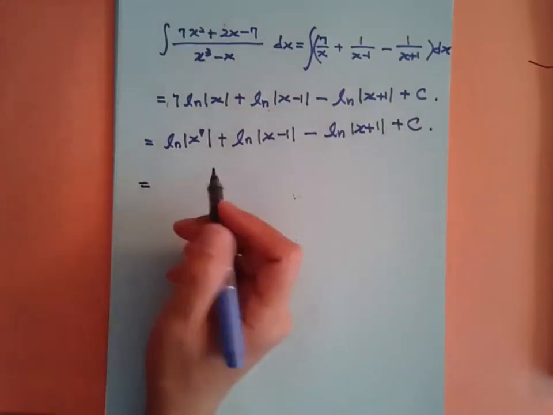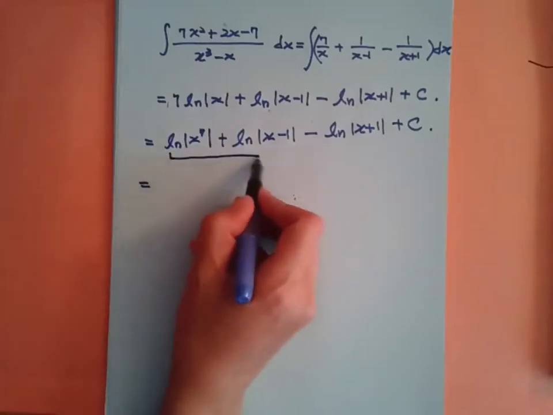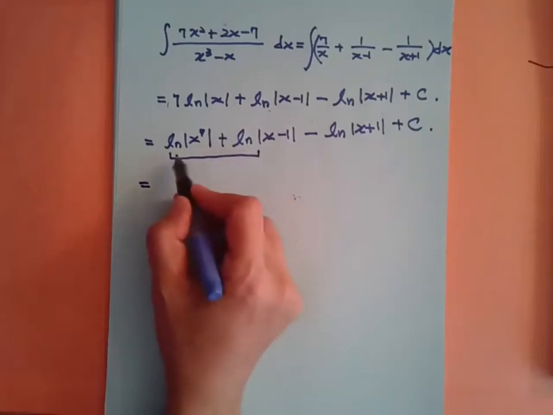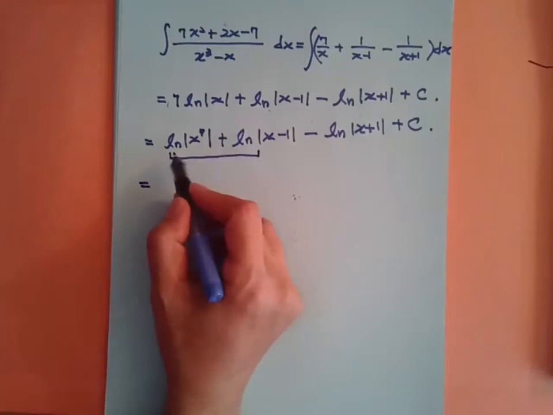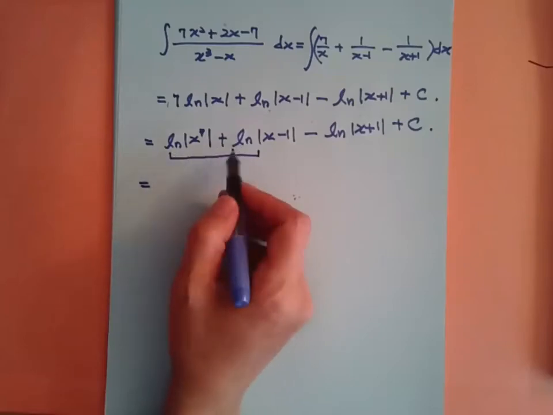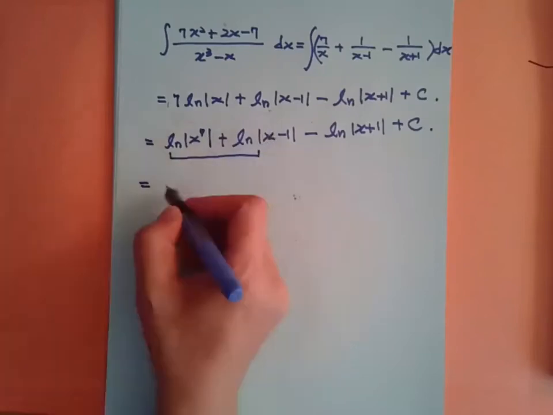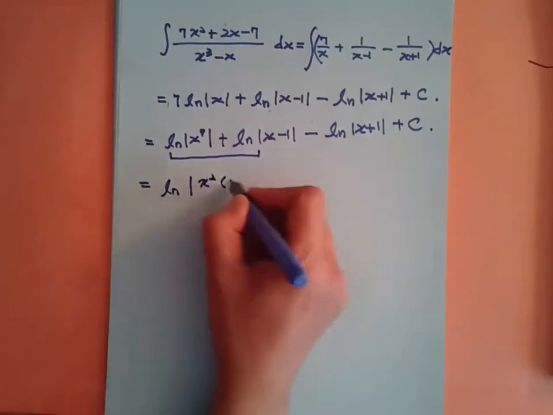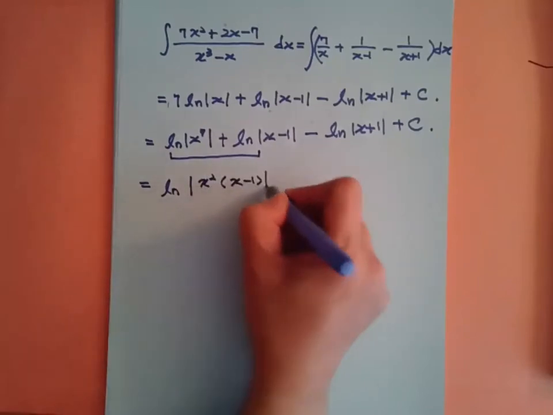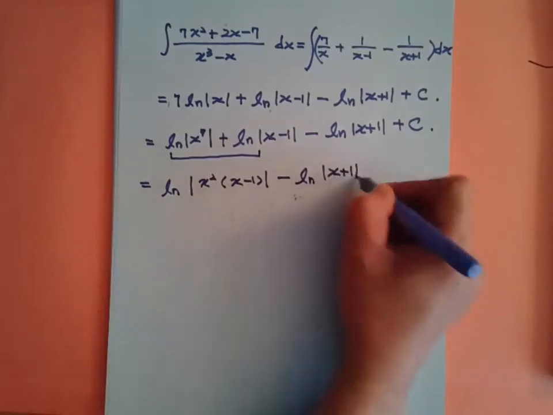And then what should we do? We can combine these two. If a logarithmic function with the same base number are added, then inputs can be multiplied. So natural log of absolute value of x squared times x minus 1 minus natural log of absolute value of x plus 1 plus c.